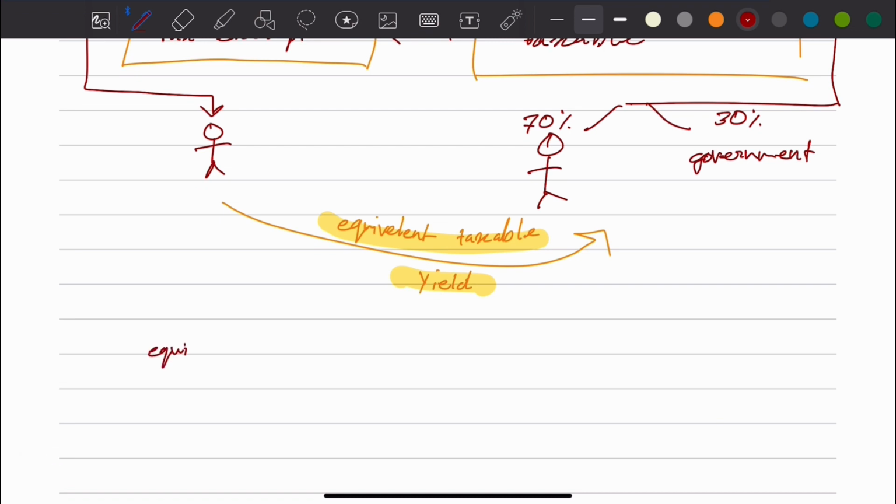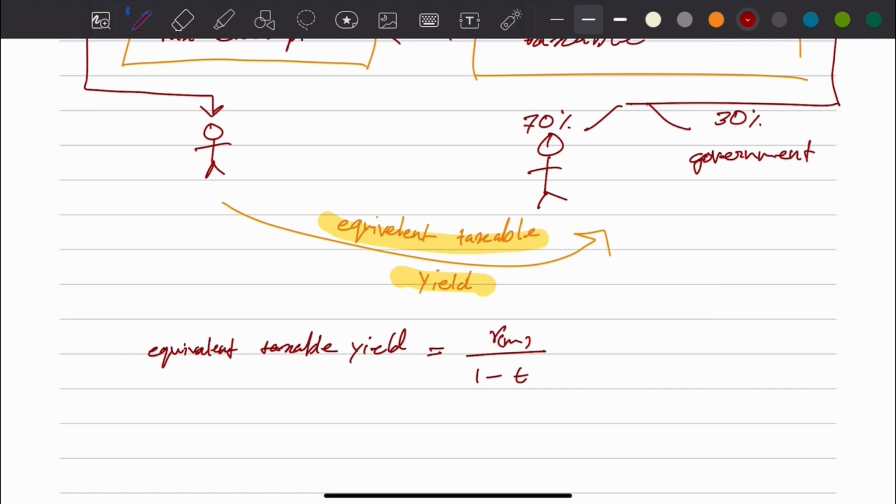Equivalent taxable yield equals the return on the municipal bond over 1 minus the tax rate. So we changed the formula around to do the opposite of what we've done in problem number 14.